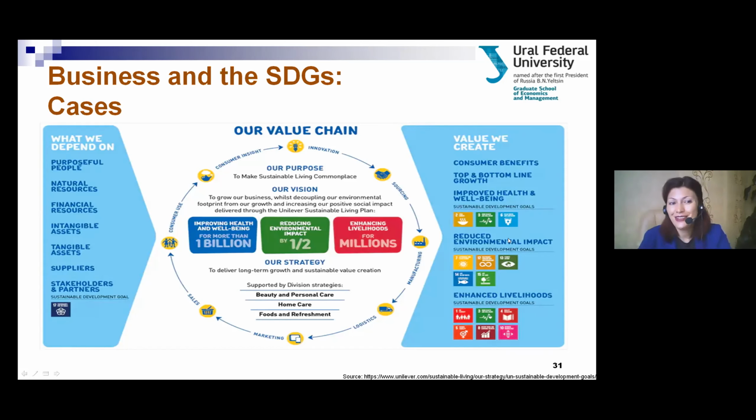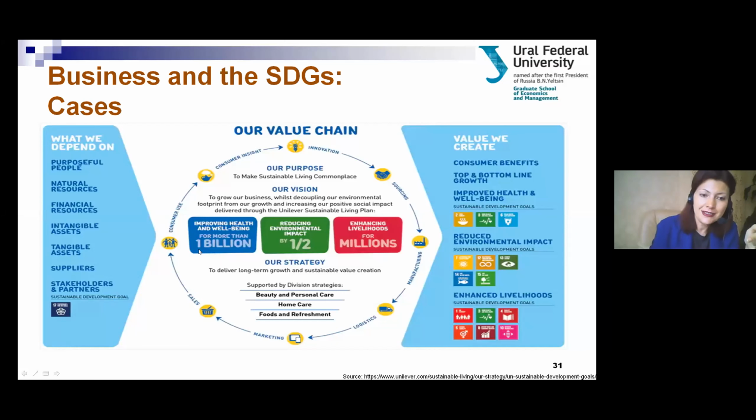Okay, so we have to switch from journeys, and we all would like to travel more, of course, to a case of Unilever. That's a very good example of how they circle what exactly they want to include in their value chain. You see, in their vision, they already link their values and SDGs. And that's very important. So we understand that what they're doing is directed to achieve sustainable development.